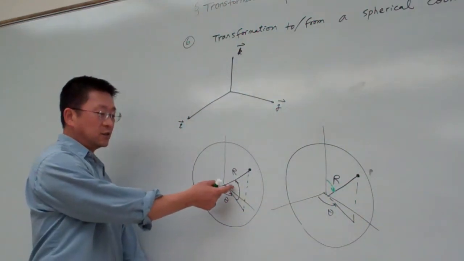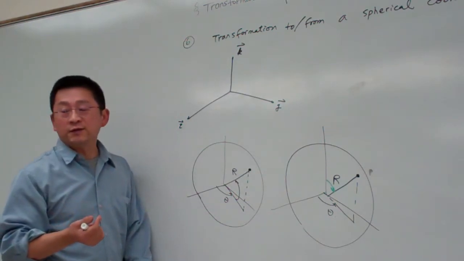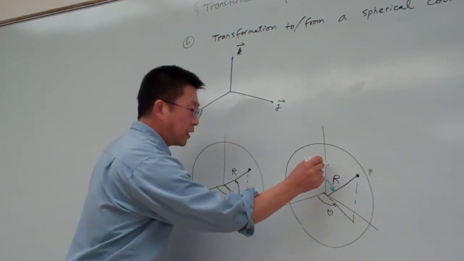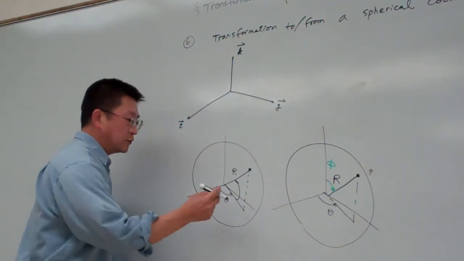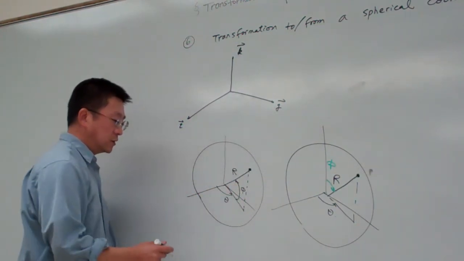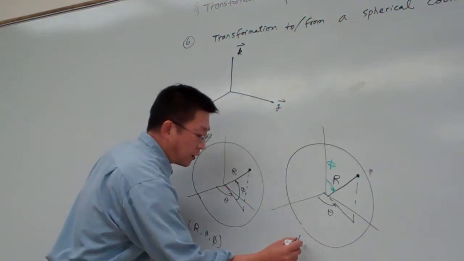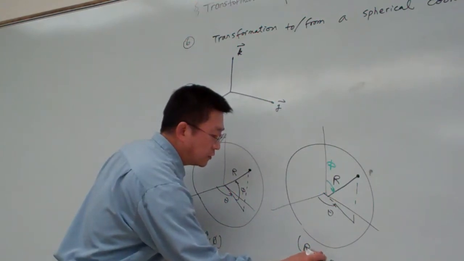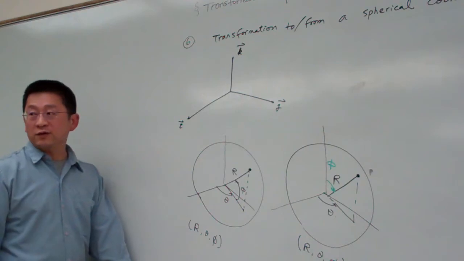So you can see the third coordinate, and people have different preferences. Sometimes people define this as phi, and sometimes people like to use phi like this. So basically, r, theta, phi are the three coordinates used in spherical coordinate systems.